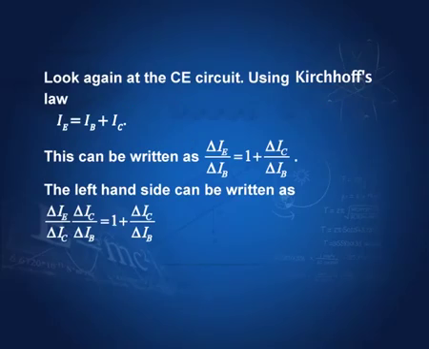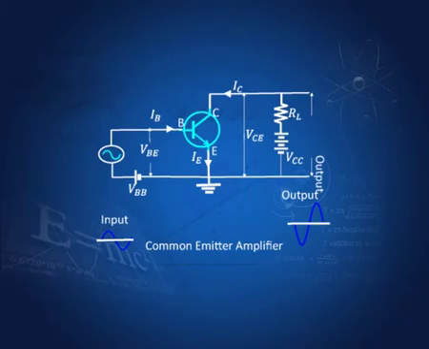Look again at the CE circuit, the common emitter circuit. Using Kirchhoff's laws, as I explained to you earlier, we get IE equal to IB plus IC. Consider this a junction for Kirchhoff's current law. Then these two currents are going in, this one is coming out.